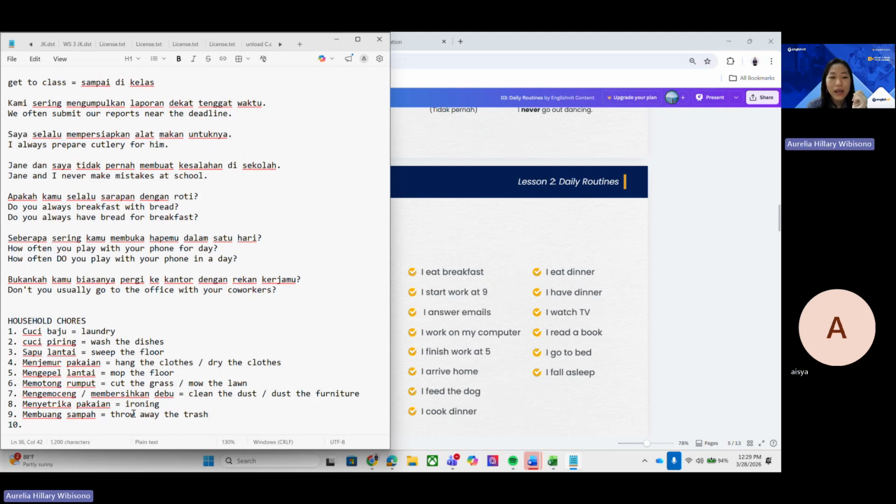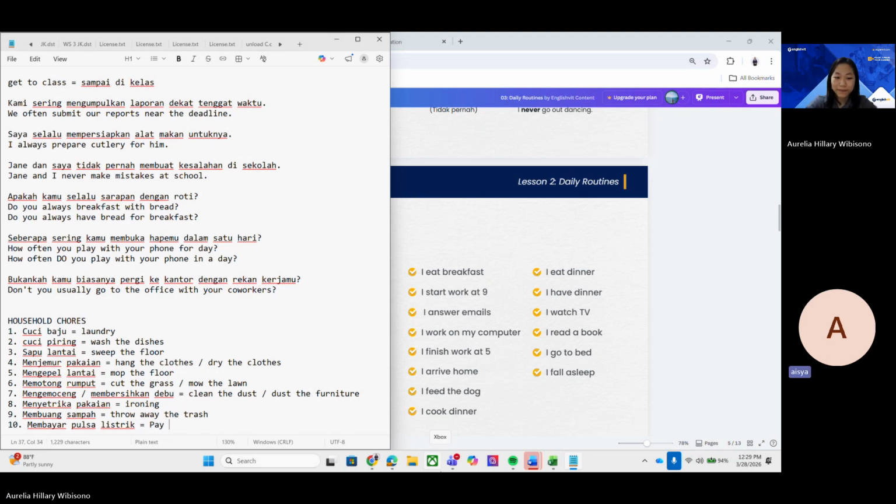Okay. And then the last one is membayar pulsa listrik. How do you say that in English? Okay, this is the hard one. Pulsa listrik itu apa bahasa Inggrisnya? Something with electricity. Paying for the electricity.